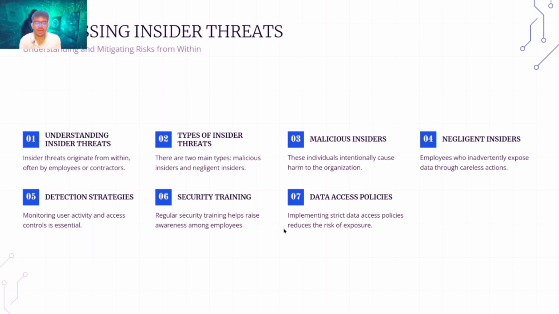If you have an organization or small business, simply make a data access policy, where everyone has limited access to company data. Yes, a chairman and a CEO have all accesses, but employees have only the required access.